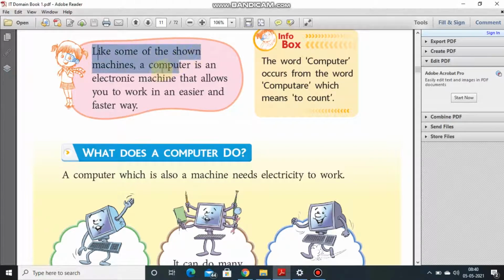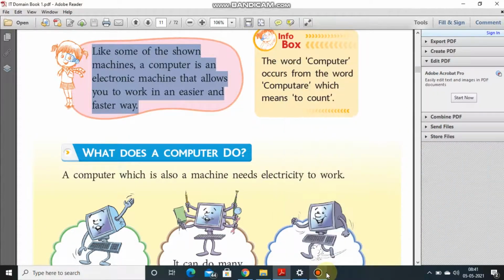Like some of the machines shown, a computer is an electronic machine that allows you to work in an easier and faster way. We discussed that a computer is an electronic machine because it requires electricity to work. Without electricity, it will not work.